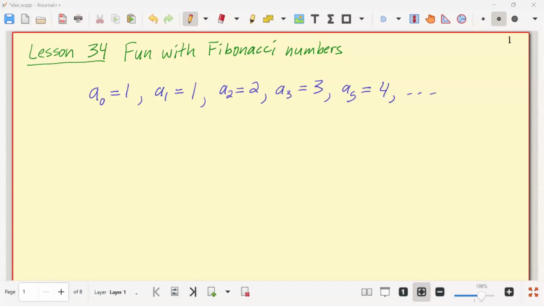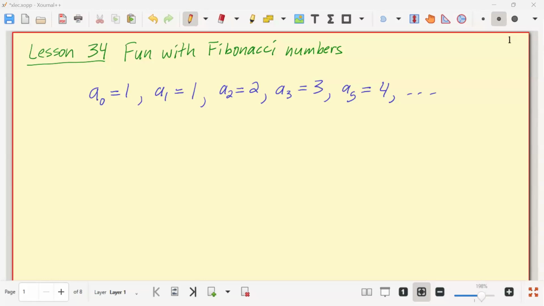So let me pause and go over to my tablet PC here. Okay, you see there what we had before. Those are the Fibonacci numbers. They start out with 1 and 1, and the next one would be the sum of the previous two.